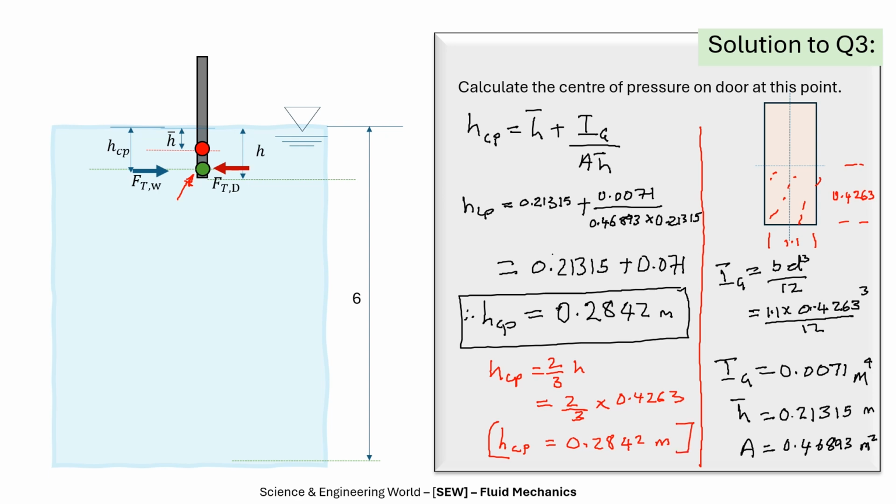From the value we obtained above, the force FT water is approximately equal to 1 kilonewton, and this is equal to the force of the driver, FT driver.